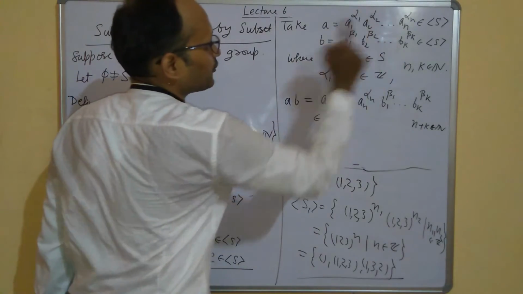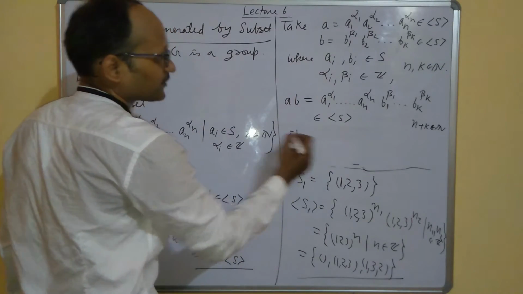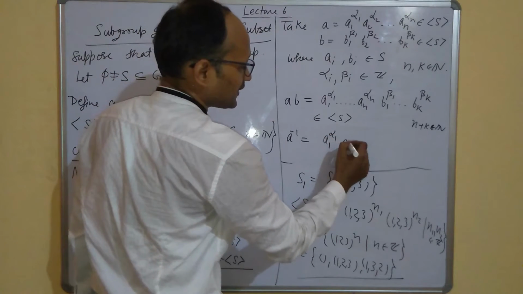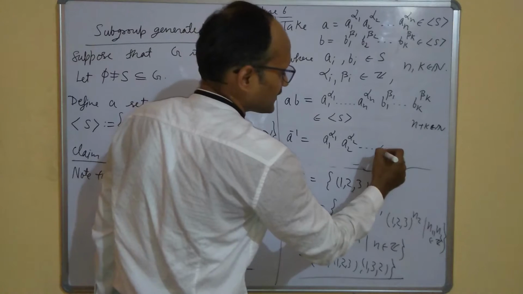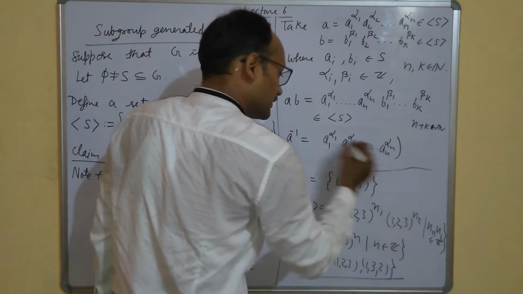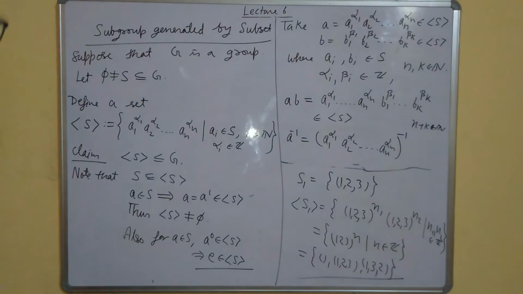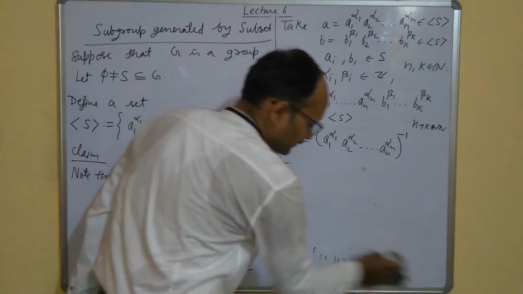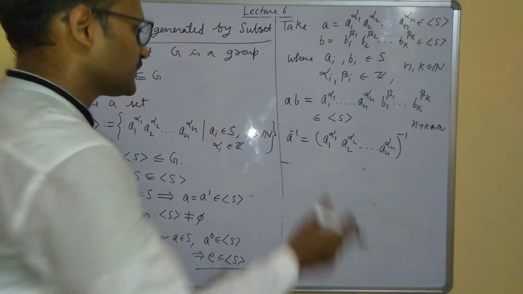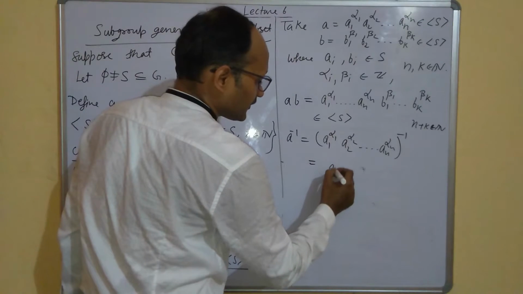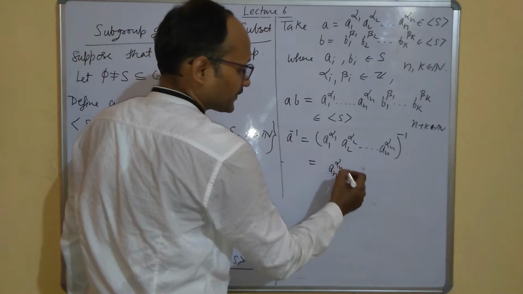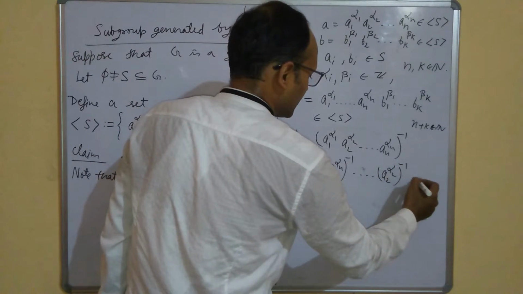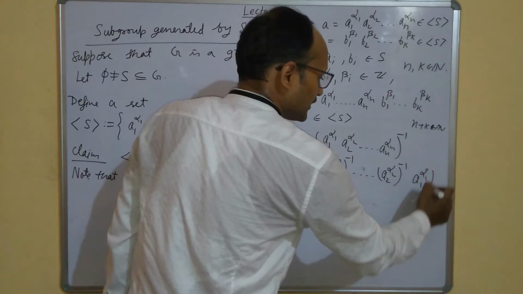Now further, if I take A to be this element, then what will be A inverse? By definition of inverse, we can see it is the inverse of this element. We know that (A o B) inverse is B inverse o A inverse. So the inverse will reverse the order of the elements, and we can write it as An alpha n inverse up to A2 alpha 2 inverse and A1 alpha 1 inverse.